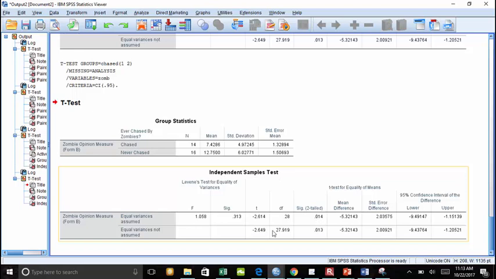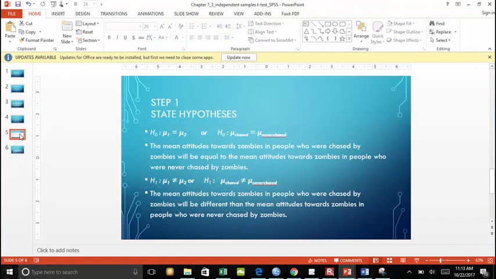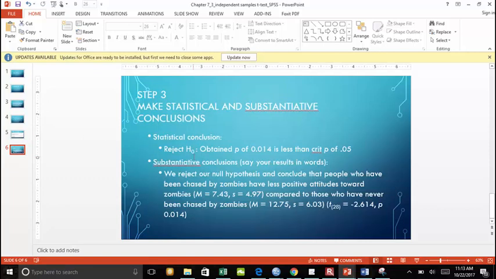So there's our data. And I just cut that and pasted it right in here to our statistics. So what are we going to do? We will reject the null hypothesis. Our obtained p of 0.014 is less than the critical p of 0.05. So we reject the null and conclude that people who have been chased by zombies have less positive attitudes towards zombies, with a mean of 7.43 and a standard deviation of 4.97.